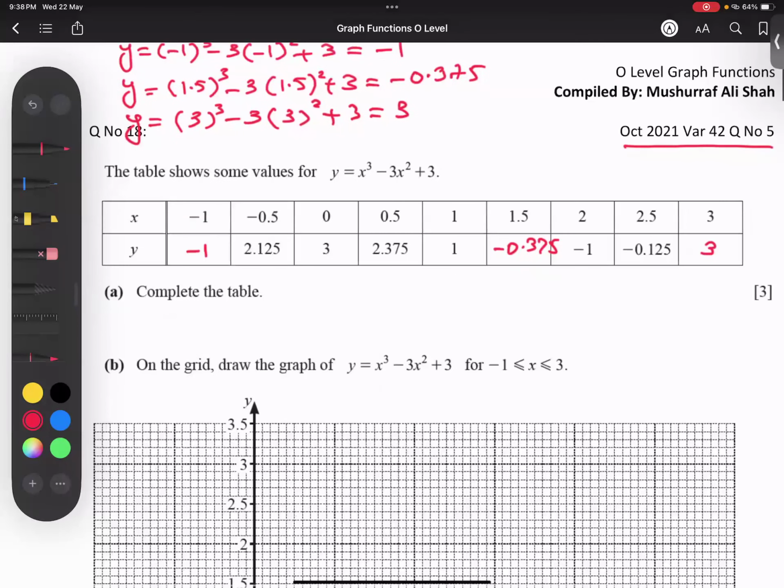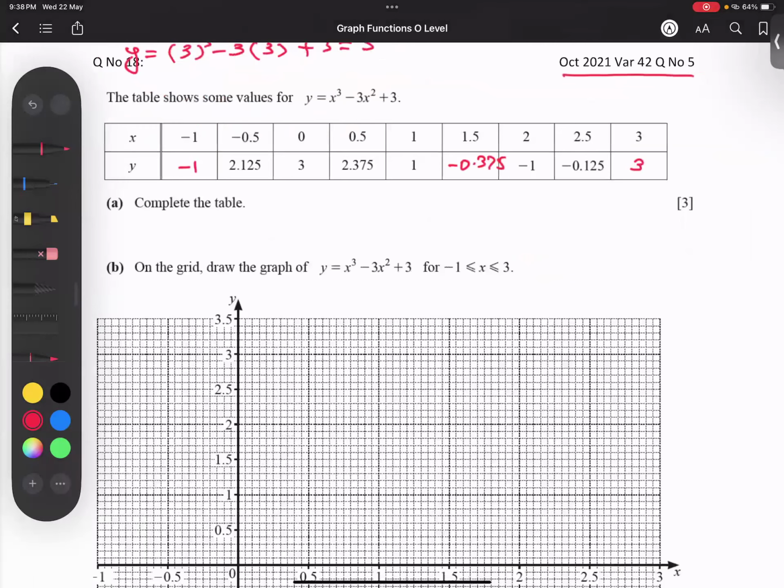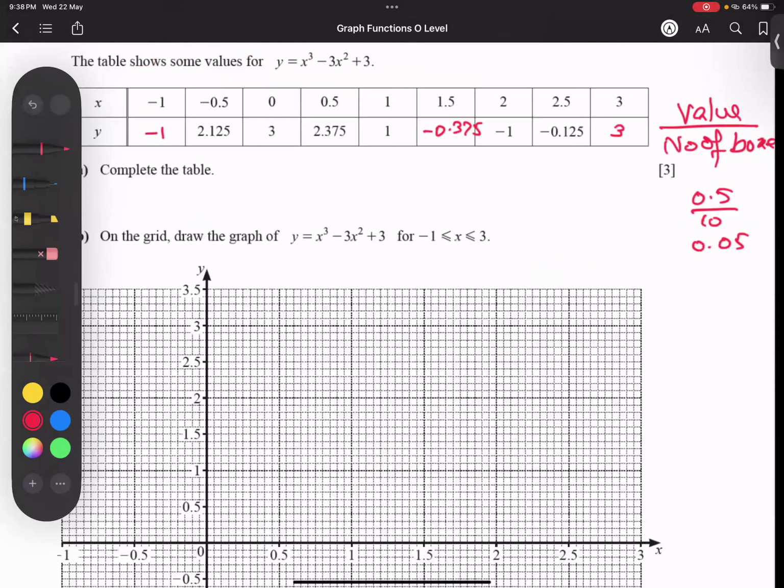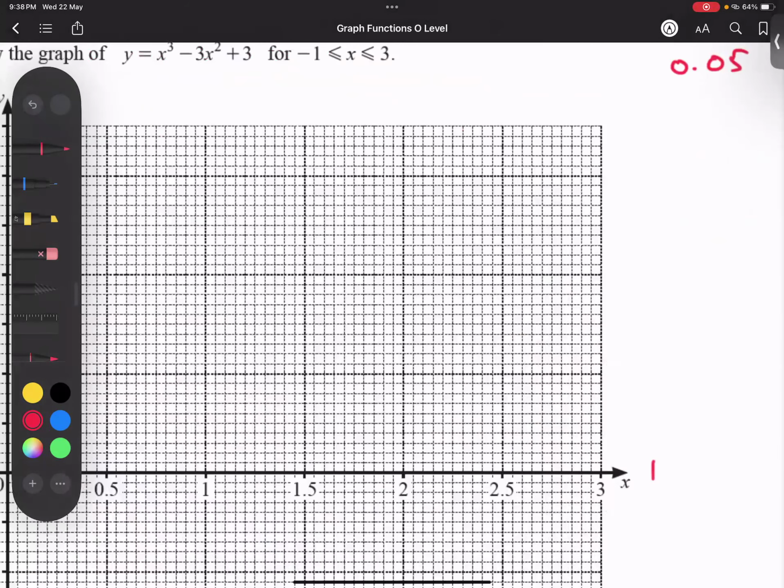Before I draw, as I always taught you, we have a formula: value divided by number of boxes. The value is 0.5, which goes in the numerator. How many boxes are there? 10. 0.5 divided by 10 gives 0.05, so one box is 0.05.